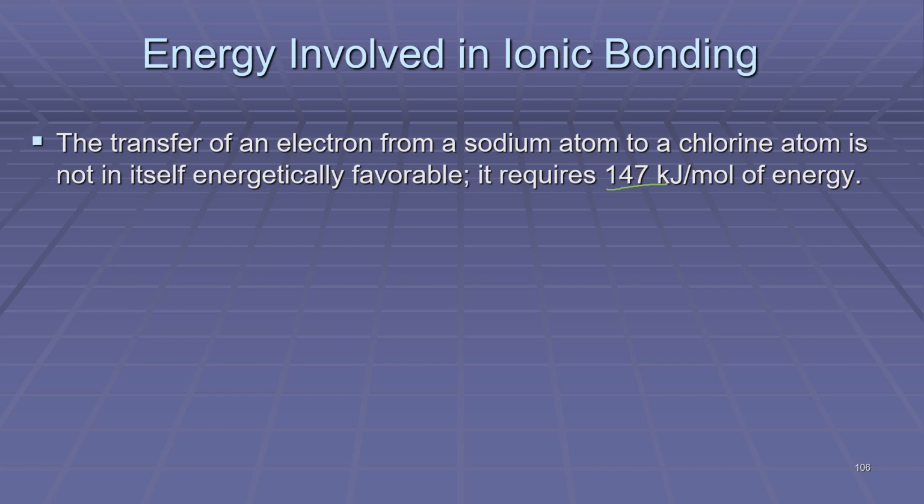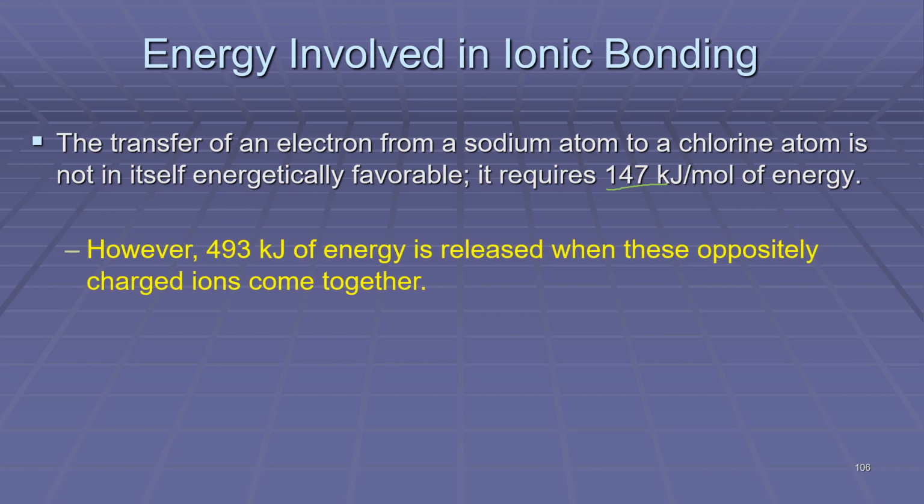The answer is that we get a whole lot of energy released by taking the Na plus and the Cl minus and having them come close together. First we have the transfer of electrons, and then when the sodium and chloride come together, we release 493 kilojoules of energy.